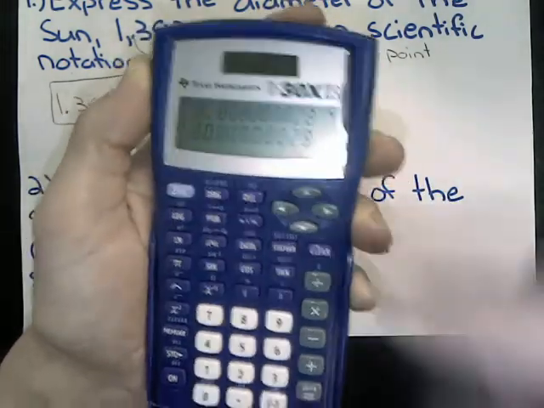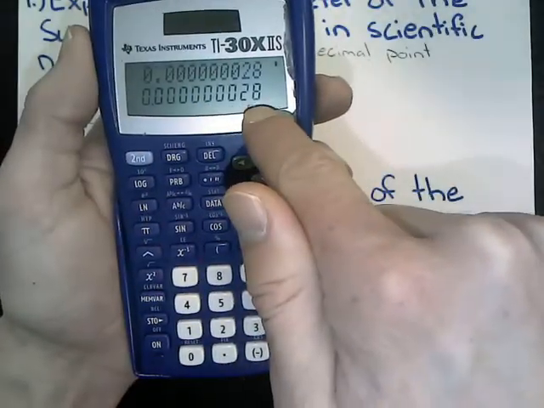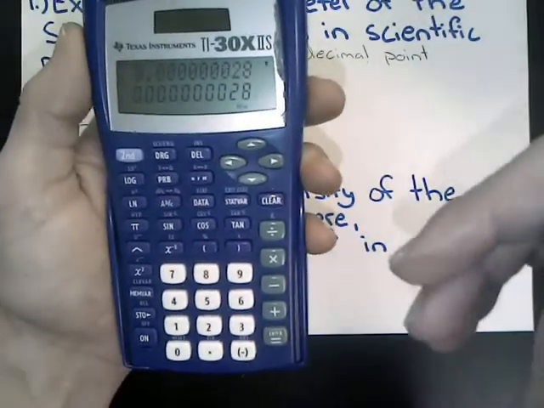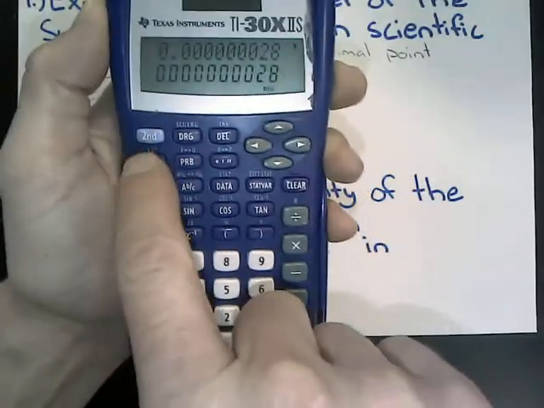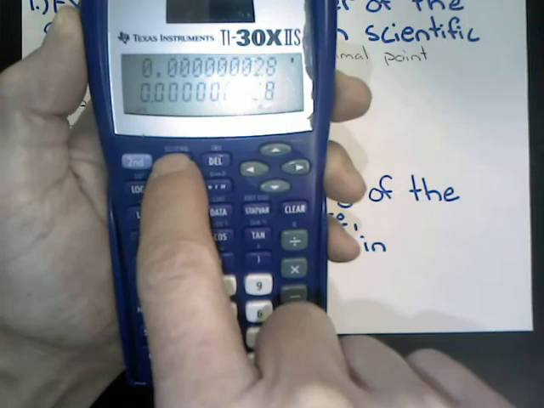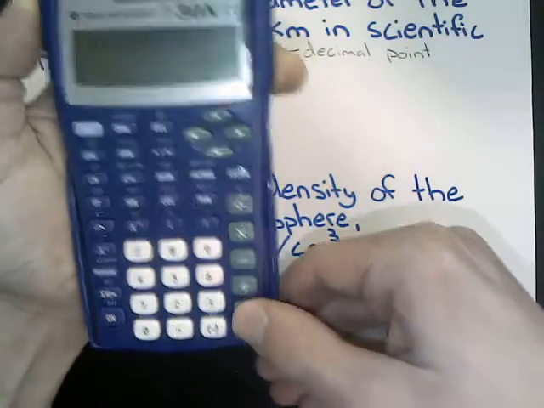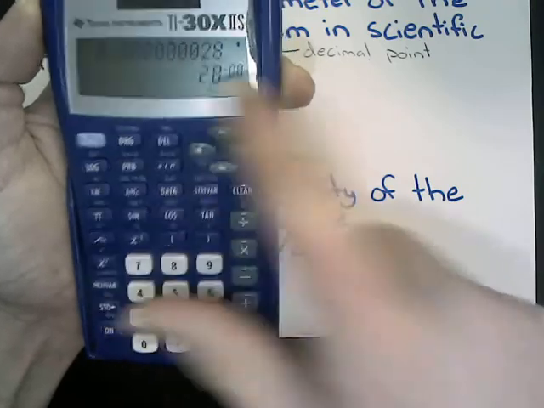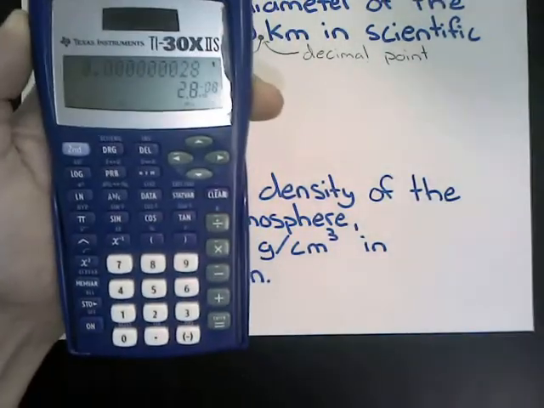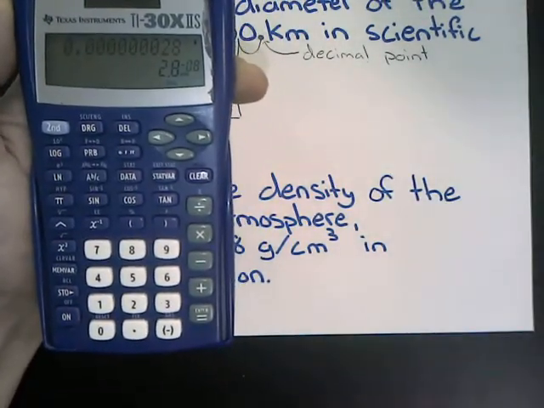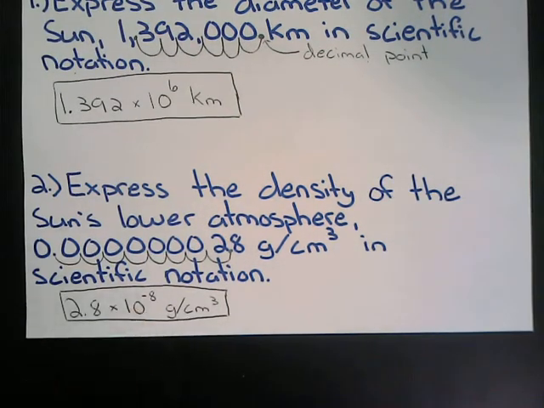I'm going to press enter, and since I'm in my standard mode, it lists out all my zeros exactly how I have it written. And then again, you hit this second button, sci/eng. You scroll over to scientific, you press enter, and looky here. That number is 2.8 times 10 to the negative 8 power. Exactly what we found in our problem.